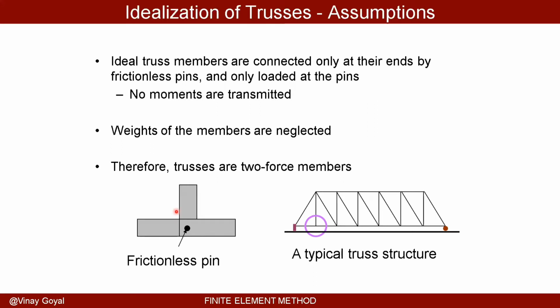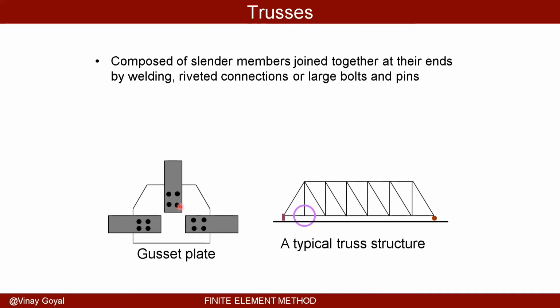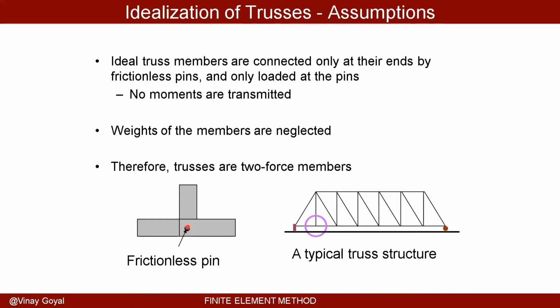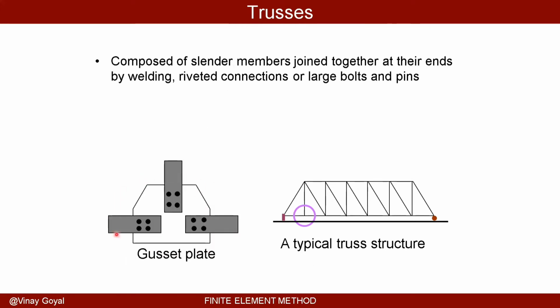So what we've done is a modeling simplification in which we've taken these connections and simplified them to a pin. Yes, it's not a pin, but once you know the loads in this area, you can then perhaps do a more local model of this area to understand how these connections work, or you can do a hand calculation as well.